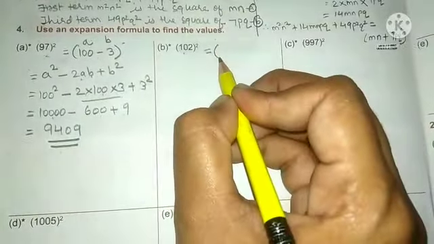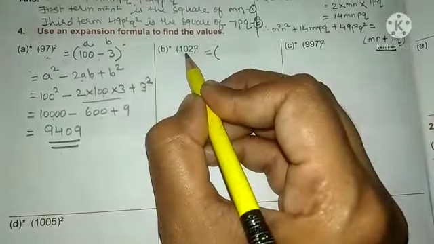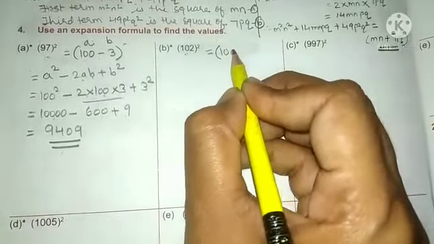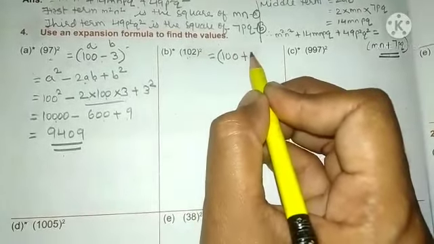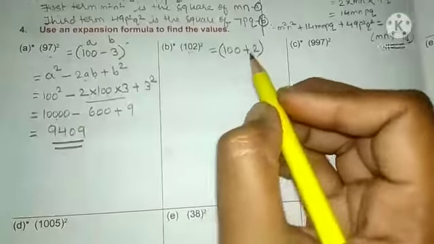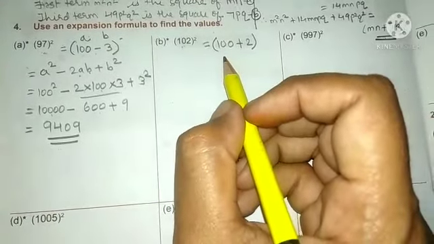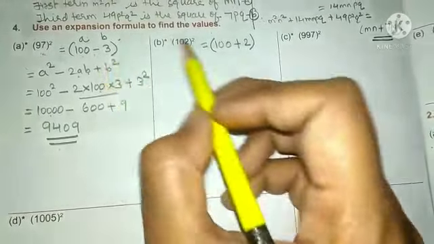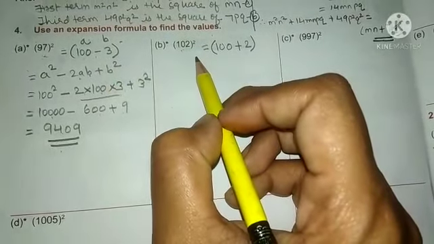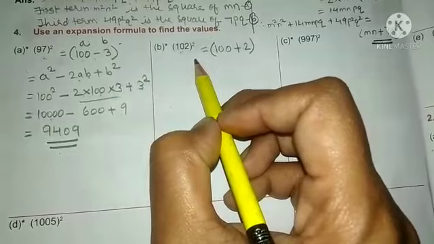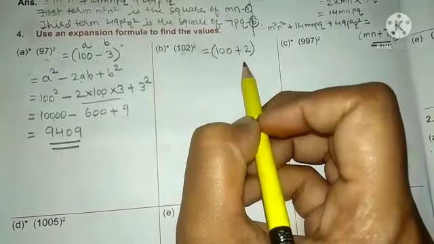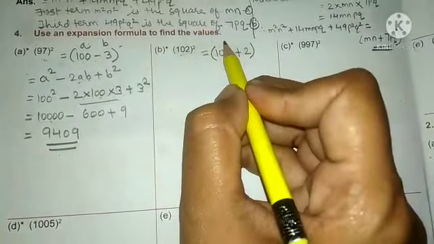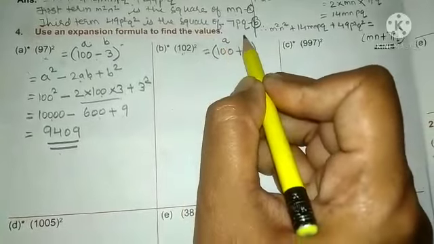So how much you will remove from 102 to make your round figure? That is 100. Clear? And plus 2. Clear? So whenever you are making the given number as your round figure, you have to use the subtraction sign. And whenever you are removing your round figure, you have to use your addition sign. Clear? So here our A is 100, B is 2.